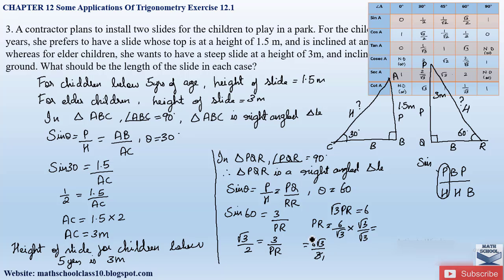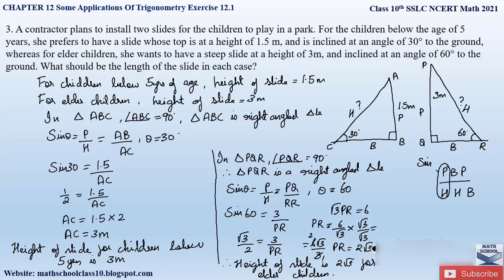So cancelling, 3 1 times, 3 2 times. Therefore we get PR as equal to 2 root 3. Right? So PR is the height of the slide for elder children. Therefore you can write the height of the slide is 2 root 3 meters for elder children. Okay, so this is how we solve this question number 3.